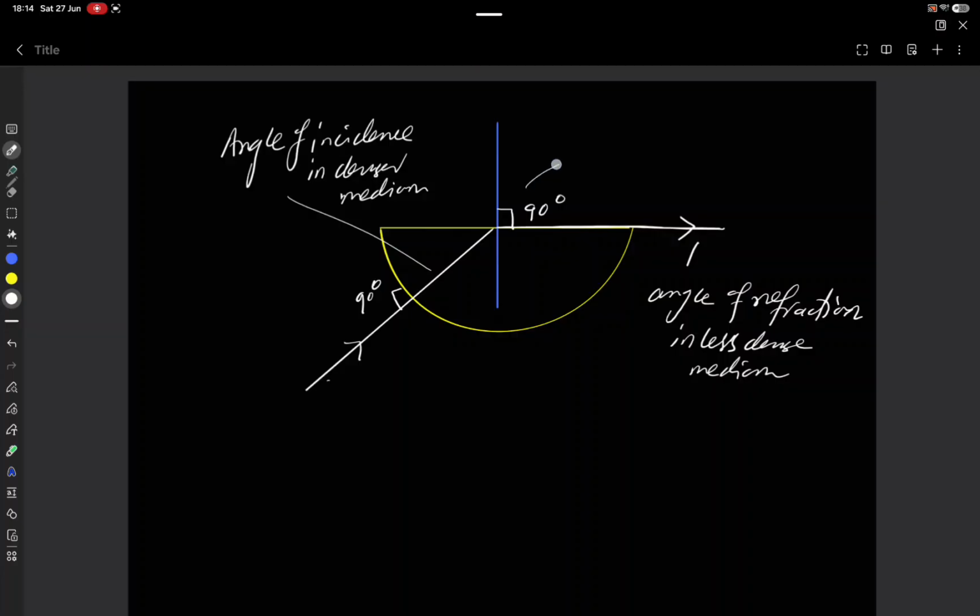So the angle of refraction becomes 90 degrees in the less dense medium.